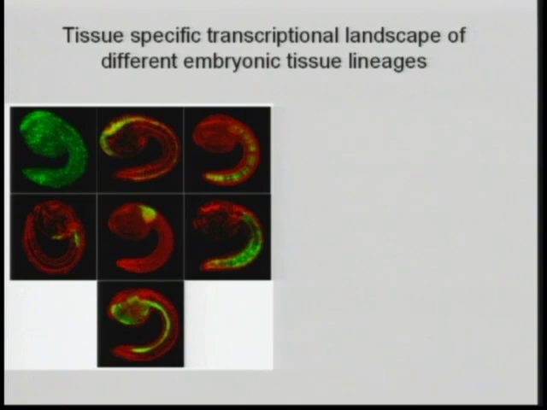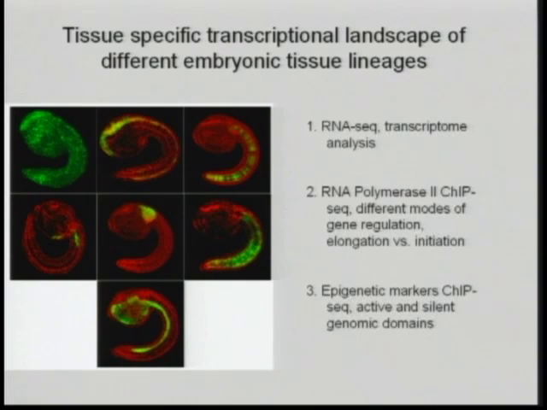This is epidermis, the central nervous system, the notochord, the migrating heart cells, mesoderm, tail muscle, and the endoderm. So we have these markers which allow us to do FACS sorting, get pure cell populations, and then we can do several of these high-throughput sequencing studies like RNA-seq, Pol II ChIP, and also epigenetic markers.